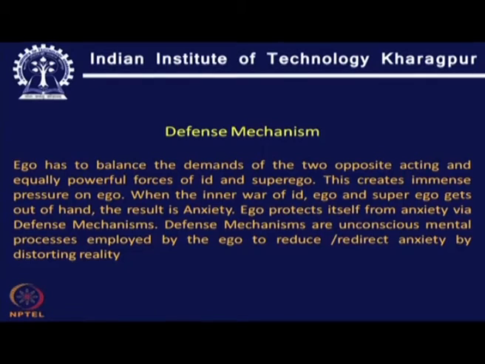The ego tries to defend itself from anxiety via defense mechanisms. Defense mechanisms are unconscious mental processes. It is not that the ego does it consciously, but these are unconscious mental processes employed by the ego to reduce or redirect anxiety by somewhat distorting reality.